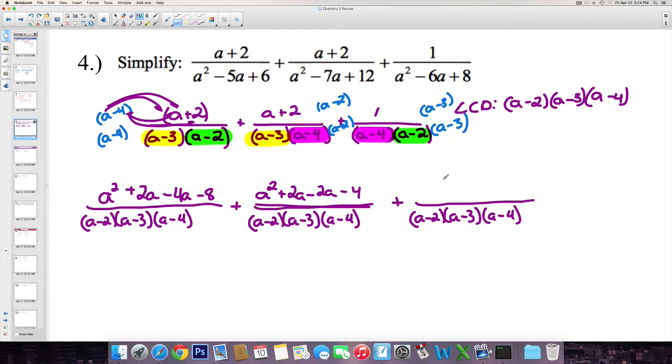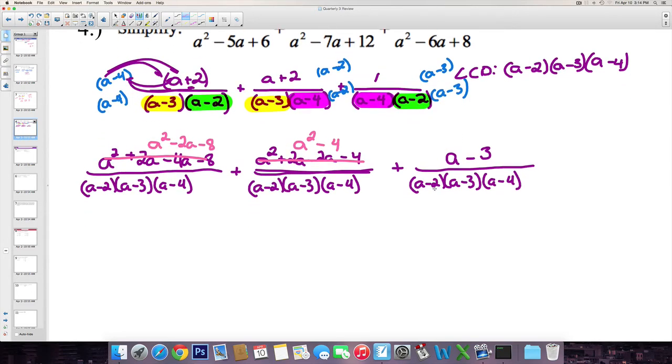Last one, 1 times a minus 3, that's easy enough, is just a minus 3. So if we want to simplify this first, that's a squared minus 2a minus 8. This turns out to be a squared minus 4. And this is just a minus 3.